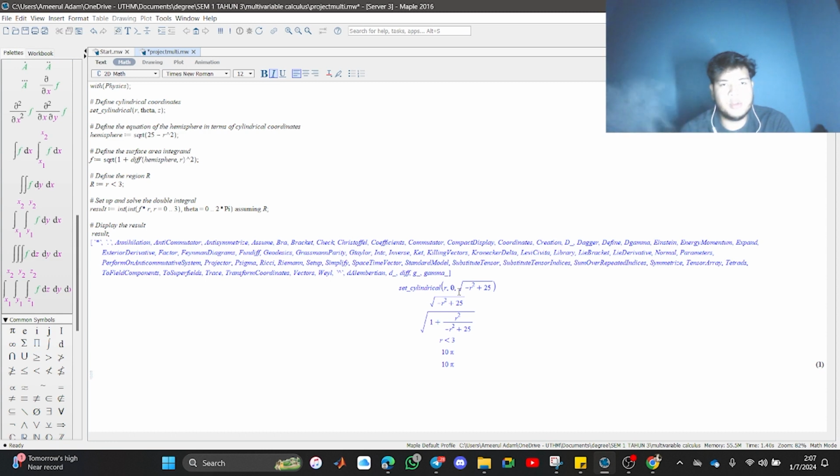The answer for the next step is the square root of negative r to the power of 2 plus 25, and for the further step is square root of 1 plus r to the power of 2 over negative r to the power of 2 plus 25. R will be less than 3, and we got the answer 10 pi.